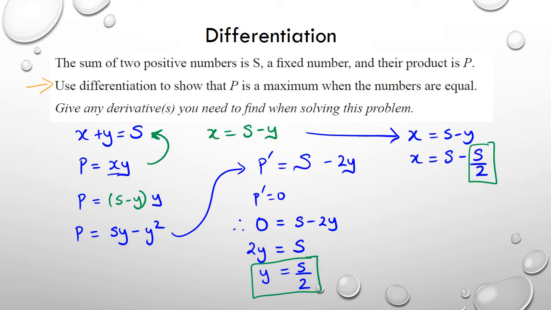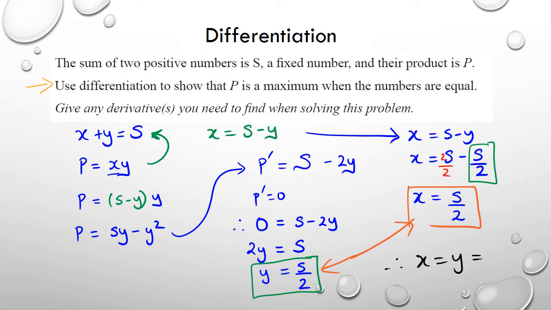If I simplify this, I get x also as s over 2, because s minus s over 2 is like 2s over 2 minus s over 2, which is s over 2. From here, you can see that x and y are the same. So we say, therefore, x is equal to y, which equals s over 2. Questions?